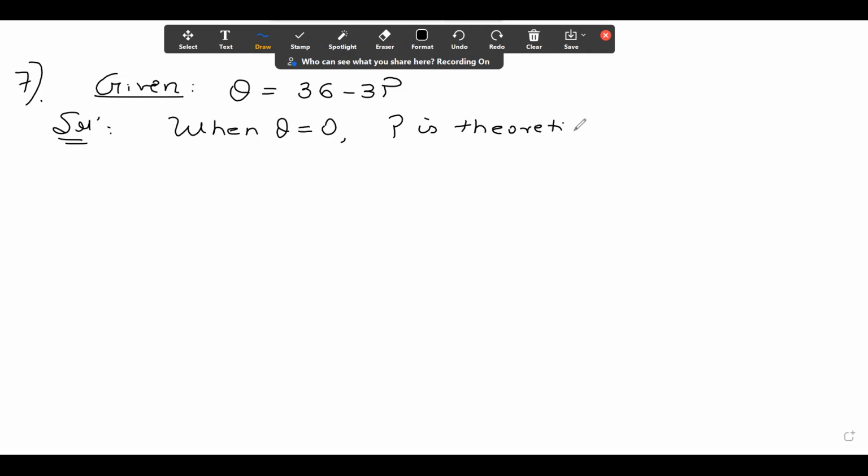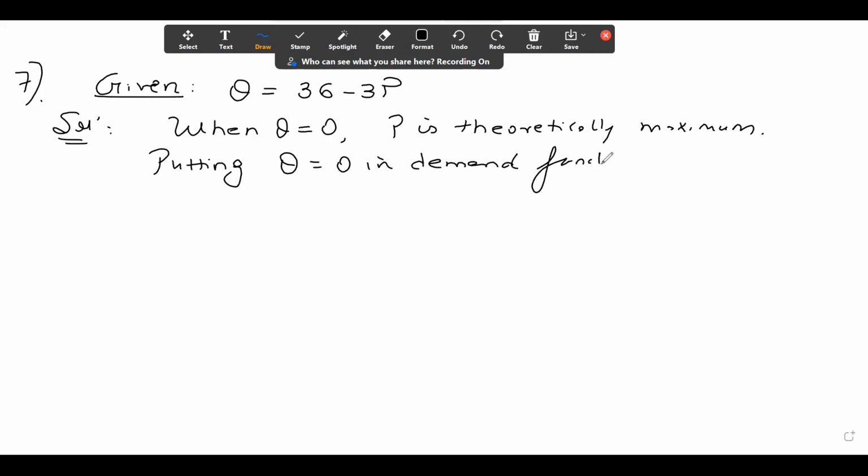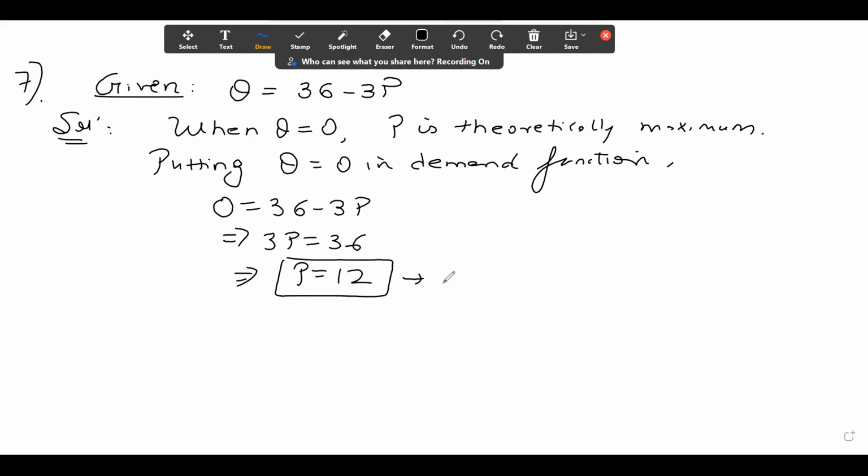Putting Q equal to 0 in the demand function, I get 0 is equal to 36 minus 3p, which implies 3p is equal to 36, which implies p is equal to 12. This is the theoretically maximum price.